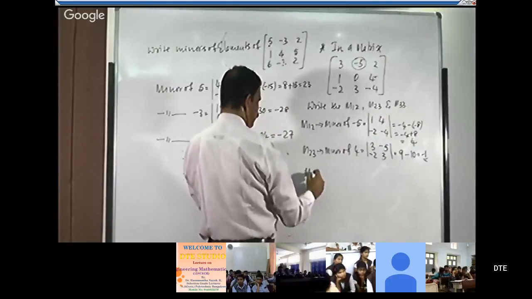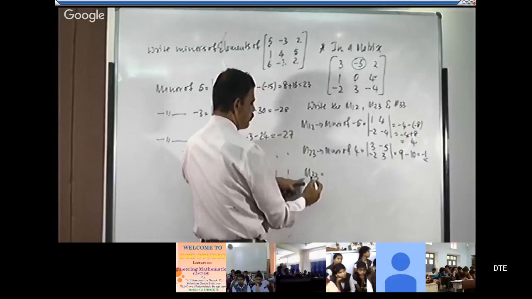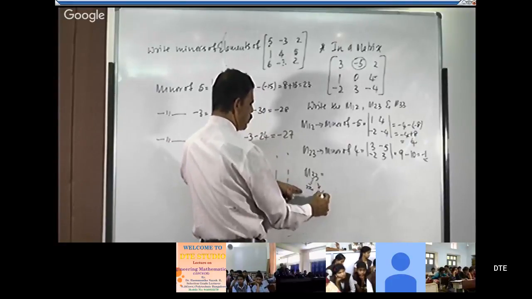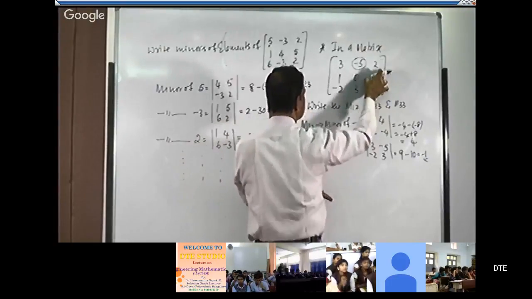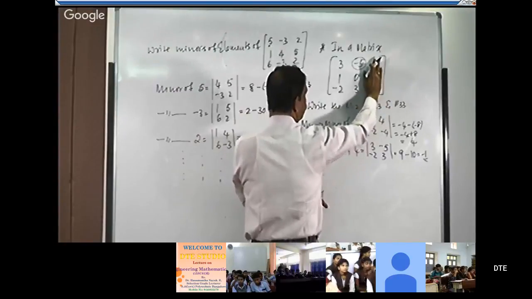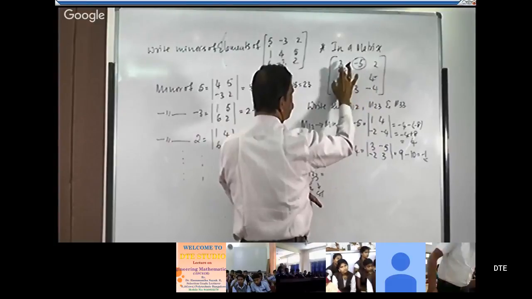Next, minor of an element which is third row, third column. First number always indicates row, second number always indicates column. This is third row, this is third column. Therefore, we have to write minor of this minus 4. Leave this column and this row. What is the answer?